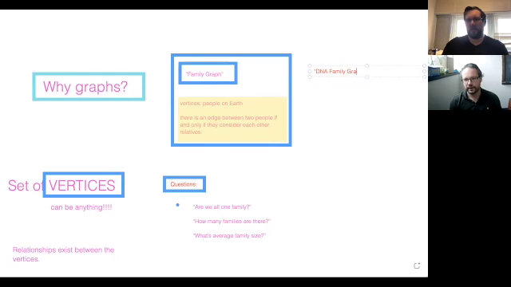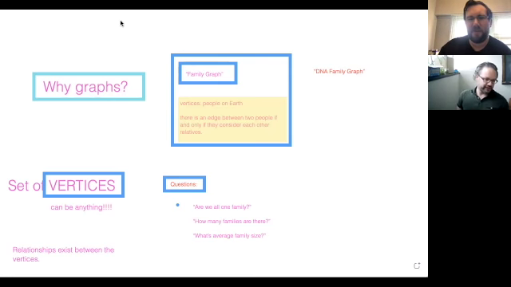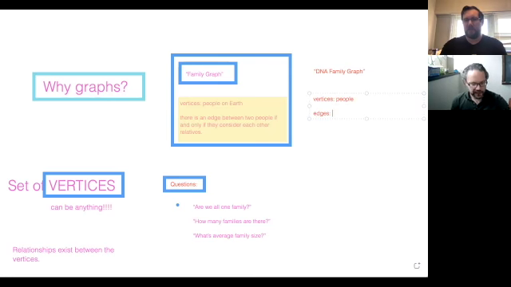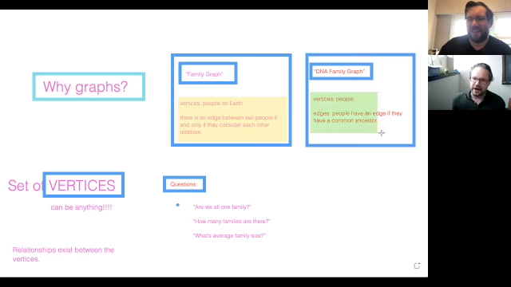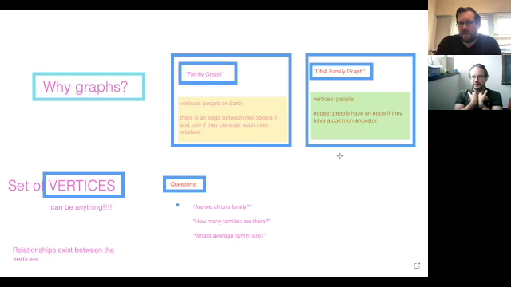So we actually have like the DNA family graph and then the social family graph. Right, the kinship graph. Kinship graph and the DNA family graph would be the same vertex set, but the edges would be people have an edge if they have a common ancestor. And then everyone shares some common ancestor. That's not a controversial statement. Then we get a complete graph. We know that we're all family at some point by blood.